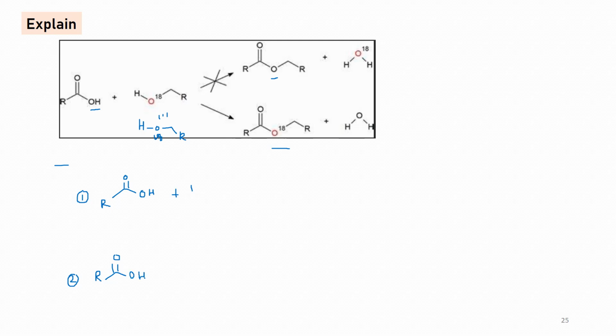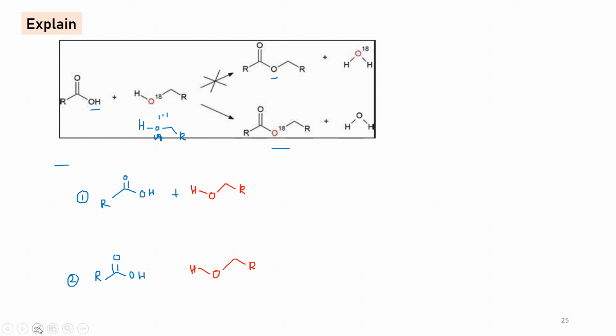So just by labeling the isotope we can get an idea about the reaction mechanism. I am not drawing the 18 because it's already red color, so from that you can get an idea. The yellow colored oxygen means the normal oxygen, and red colored means the isotopic oxygen.